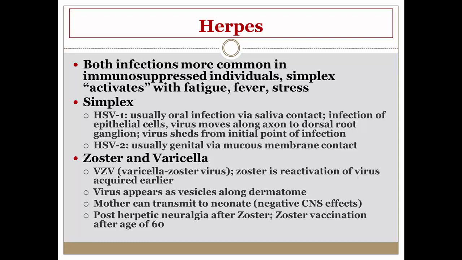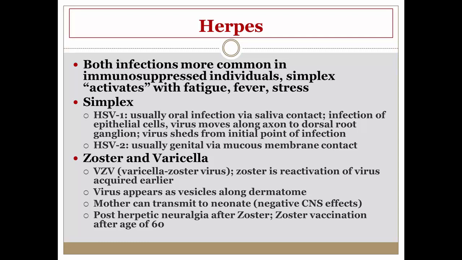Now there's a second type of herpes virus, and this is the zoster and varicella, the VZV, as opposed to the HSV. VZV, or varicella zoster virus, is the zoster and is that family itself.